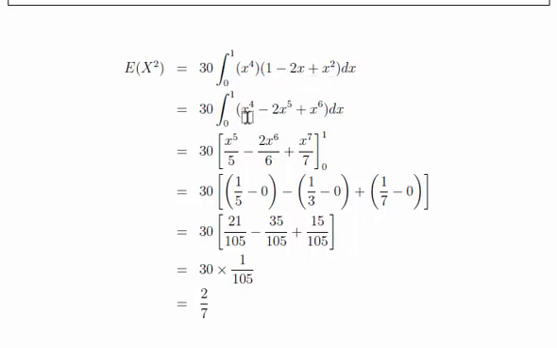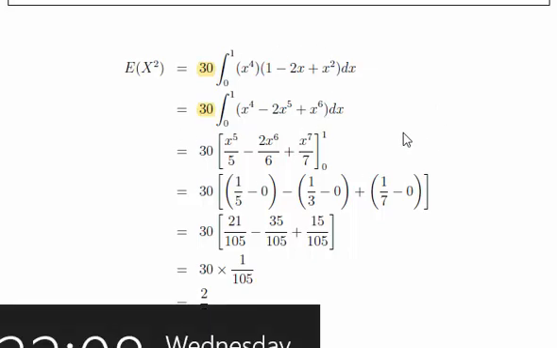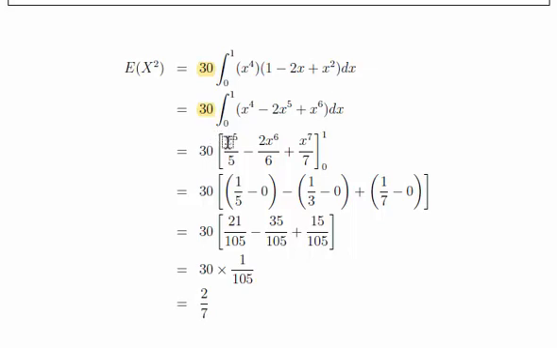Working it out, x to the power 4 minus 2x to the power 5 plus x to the power of 6. Just as a remark, I took the 30 out of it and put it before the integral symbol there. That's a habit of mine; I just like to keep things nice and tidy. So x to the power of 4, when we integrate that, is x to the power of 5 over 5, minus 2 times x to the power of 6 over 6, which reduces to 1/3, and x to the power of 7 over 7.